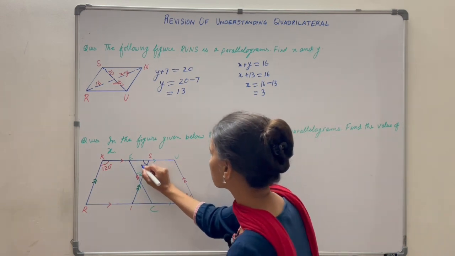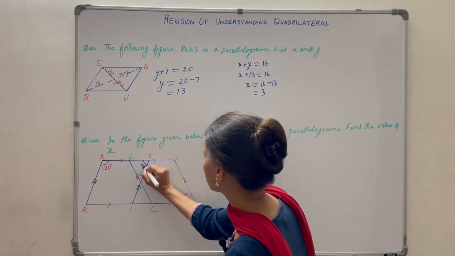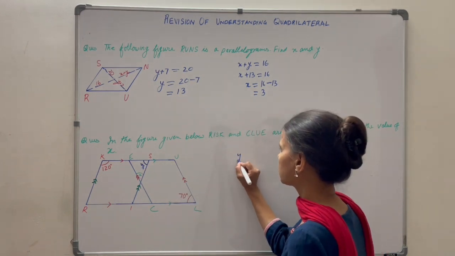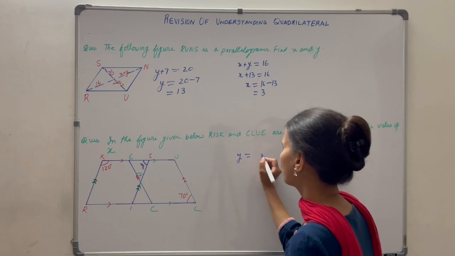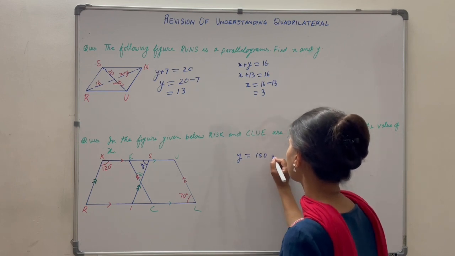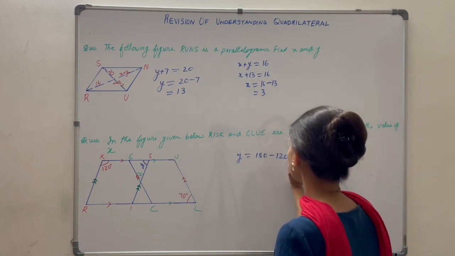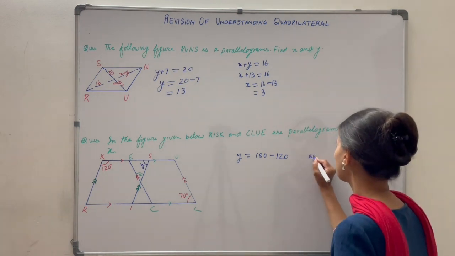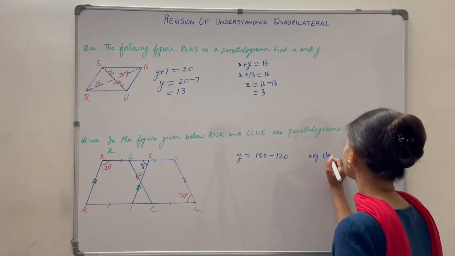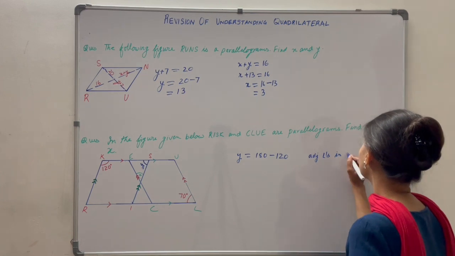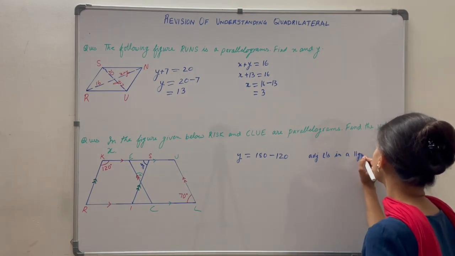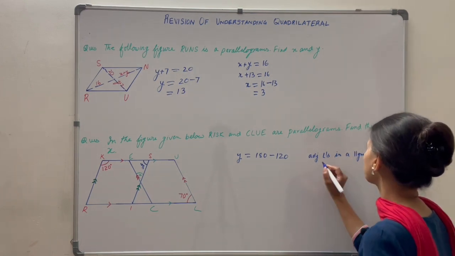So if I write this as say y, then y is equal to 180 minus 120 because adjacent angles in a parallelogram are supplementary.